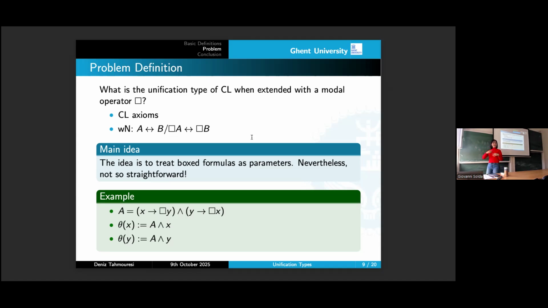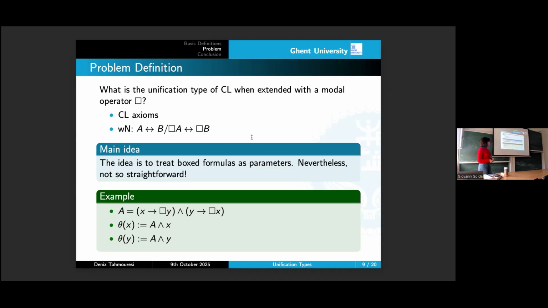And there's going to be some sort of circularity in the process, because each time one box is going to be added inside another box and you're never going to stop. That's why it's not so easy to just interpret these boxes as parameters.